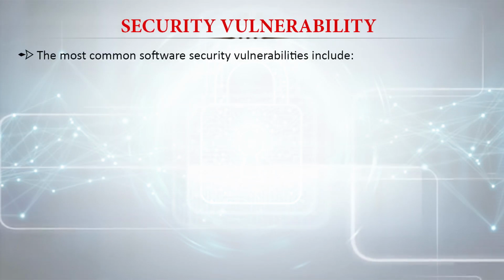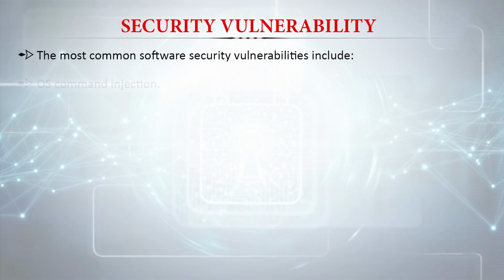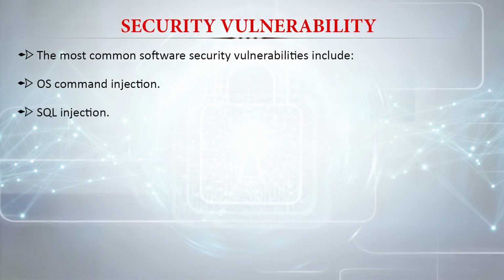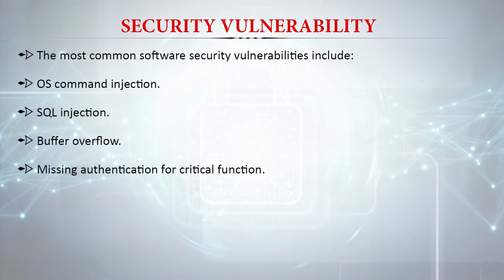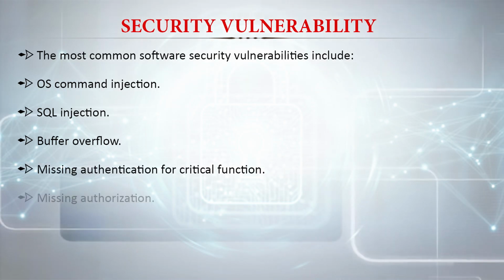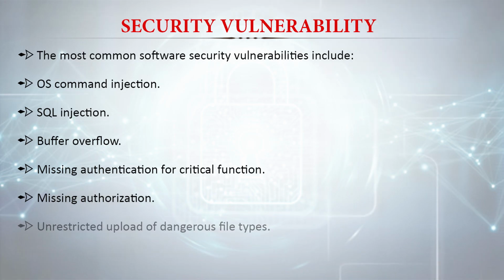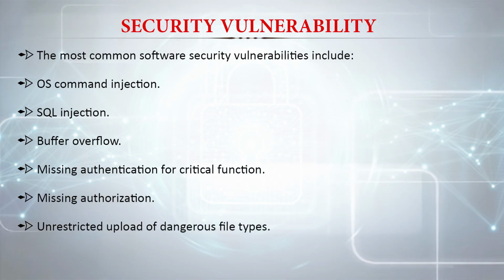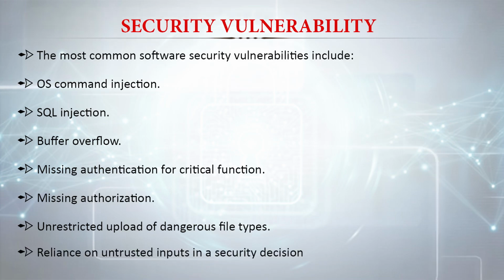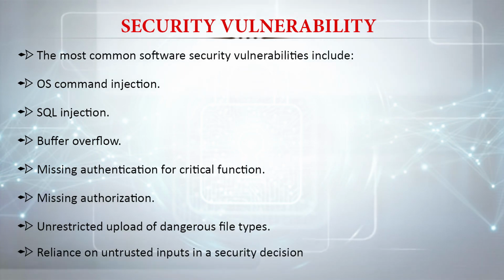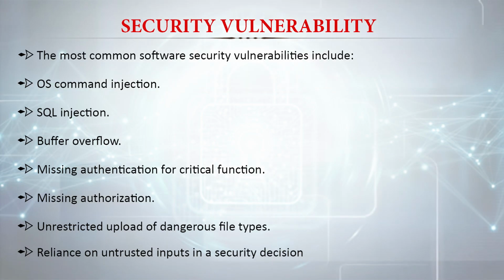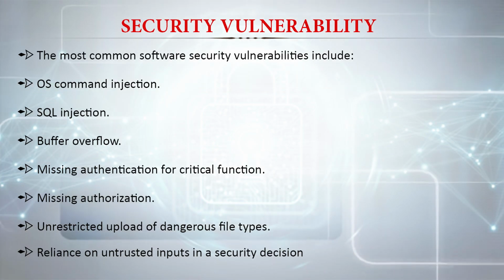The most common software security vulnerabilities include OS command injections, SQL injections, buffer overflow, missing authentication for critical functions, missing authorizations, unrestricted upload of dangerous file types, and reliance on untrusted input in security decisions. All these issues you have to examine one by one, and try to understand the context.